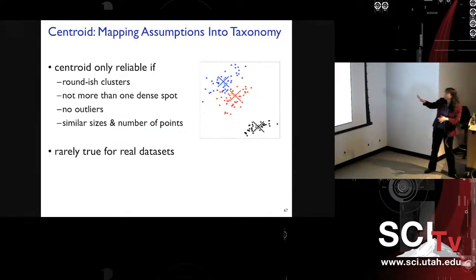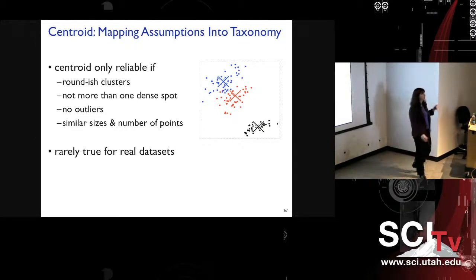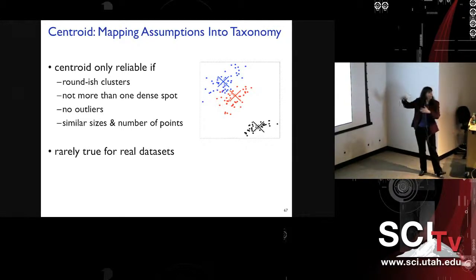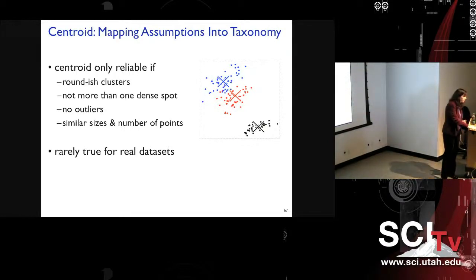So to cut a long story short, we did a lot of analysis, and it turns out that this metric really worked when clusters were roughly round, and there wasn't more than one dense spot, sounding kind of Gaussian. There weren't really many outliers, and you had both similar geometric sizes and number of points in the classes. And when these assumptions weren't true, then the metric tended to fail. And of course, the punchline was that these were rarely true in the real-world data sets.